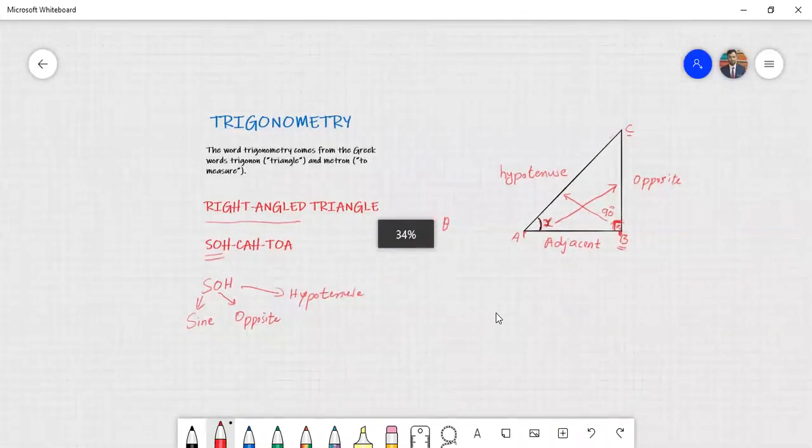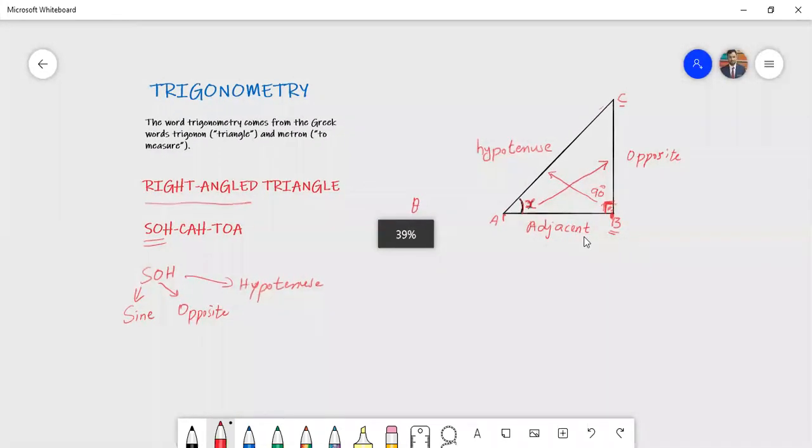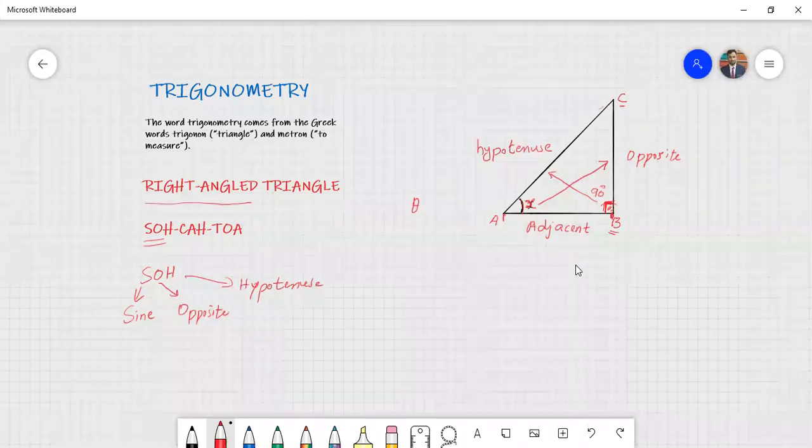Now I'm writing here, as I indicated this angle by x, sine of x, like SOH.